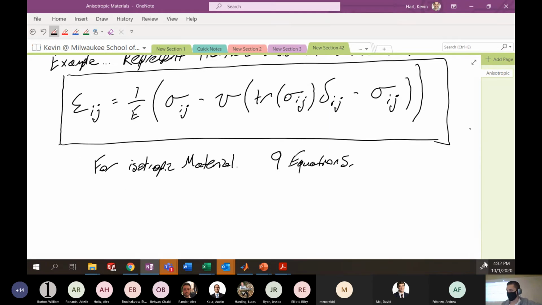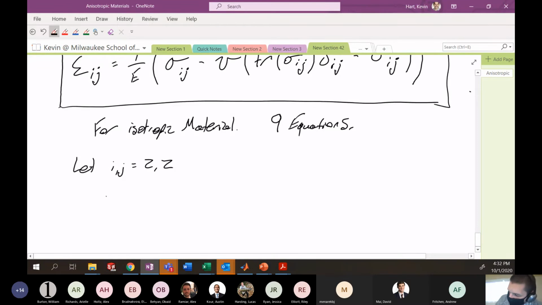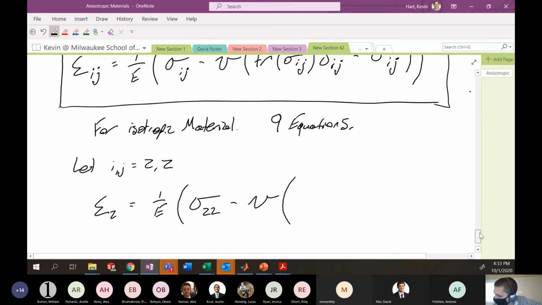Okay, let's investigate one of these situations. Let's look at, for instance, i and j equal to 2. Then we have strain 2,2, or just the strain in the 2 direction, equal to 1 on E times sigma ij, which here is stress 2,2, or just stress 2, minus nu times the trace of sigma ij.